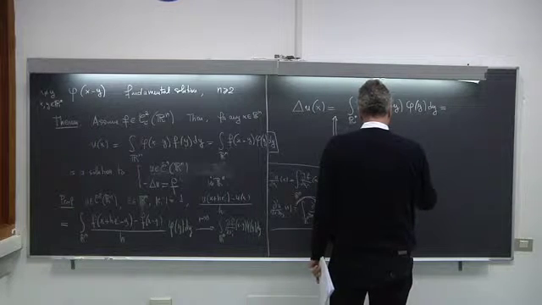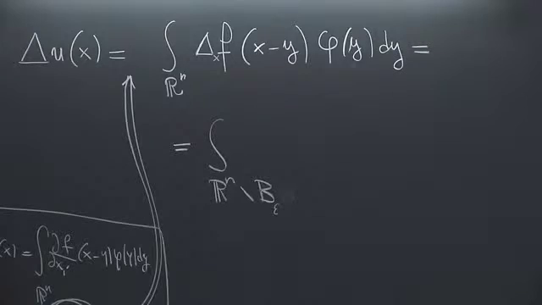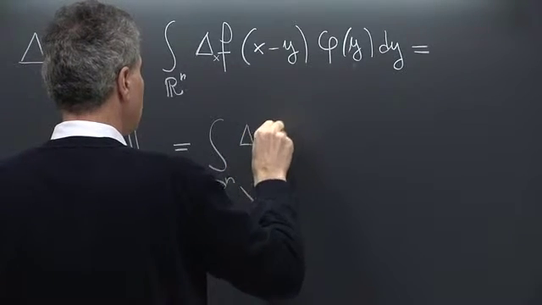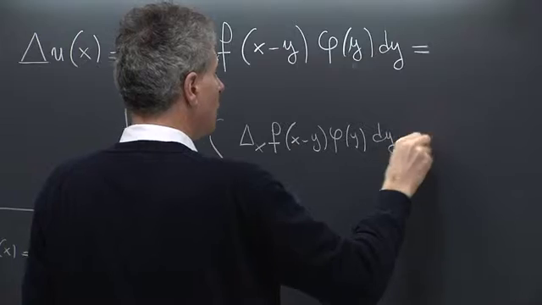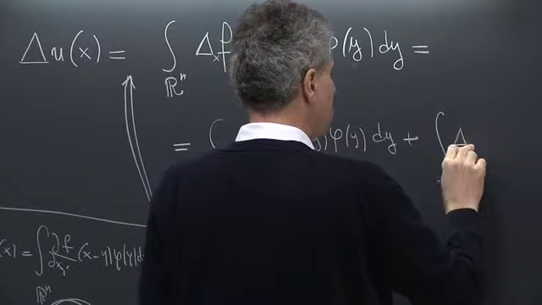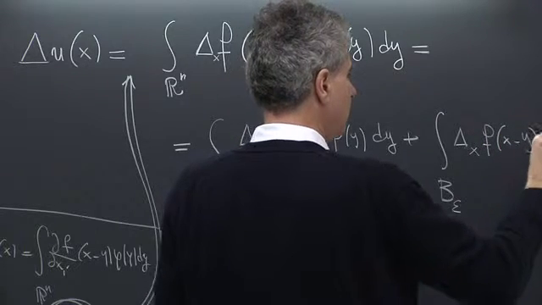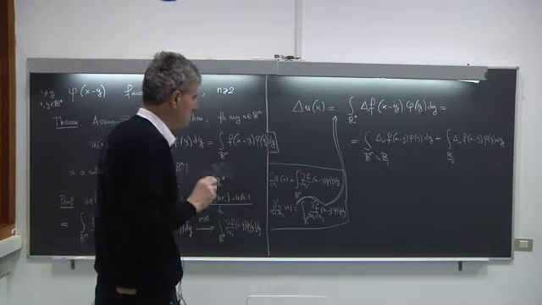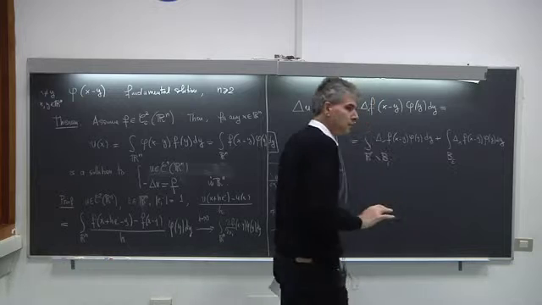So I isolate a small ball B epsilon centered at the origin, of radius epsilon, and I write this integral as the sum of two contributions, namely these two objects here. Here I can surely integrate by parts.